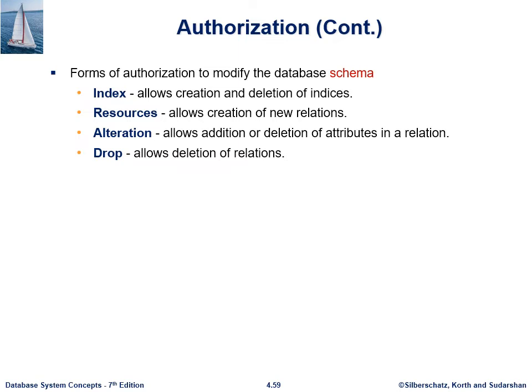The third is where we don't add a new table but change the table definition. It's called alteration. The last one is drop, which means we can delete a table. These are the privileges related to the database level, which we call the database schema.